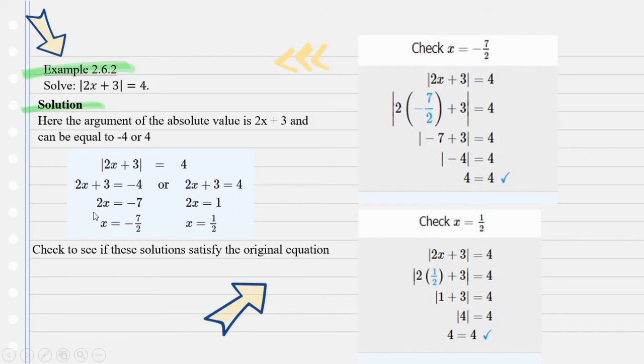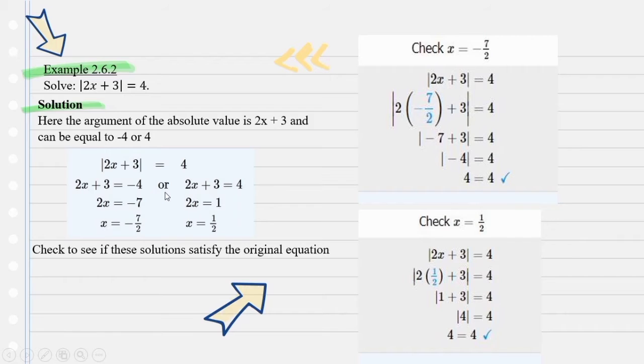After that, 2x equals -7, because -4 minus 3 equals -7. After that, divide by 2 on both sides, the left divide by 2 and the right divide by 2. After that, x equals -7 over 2.